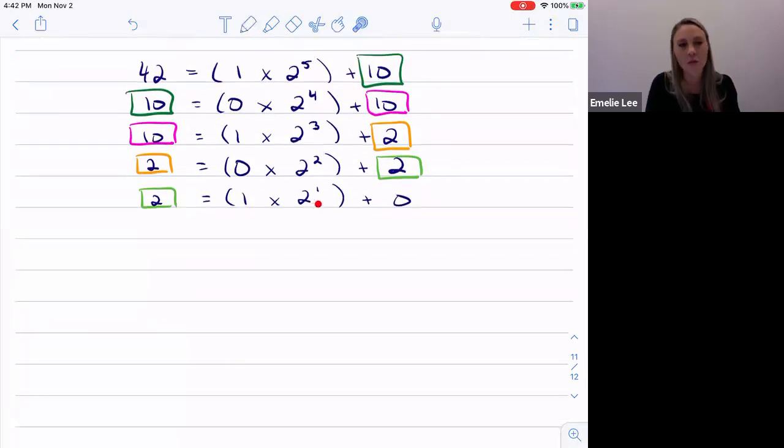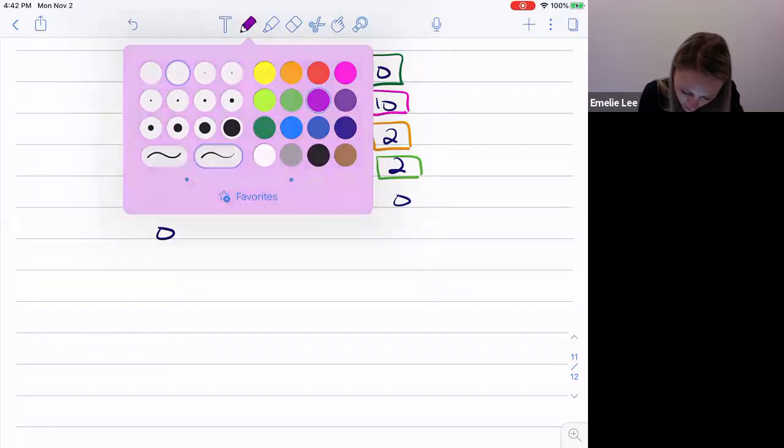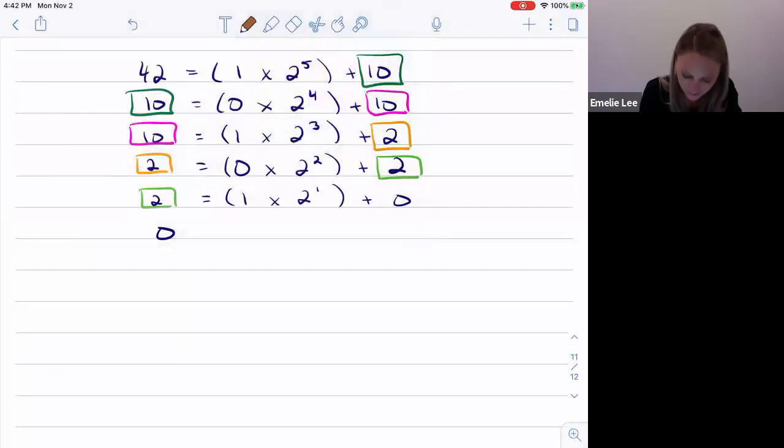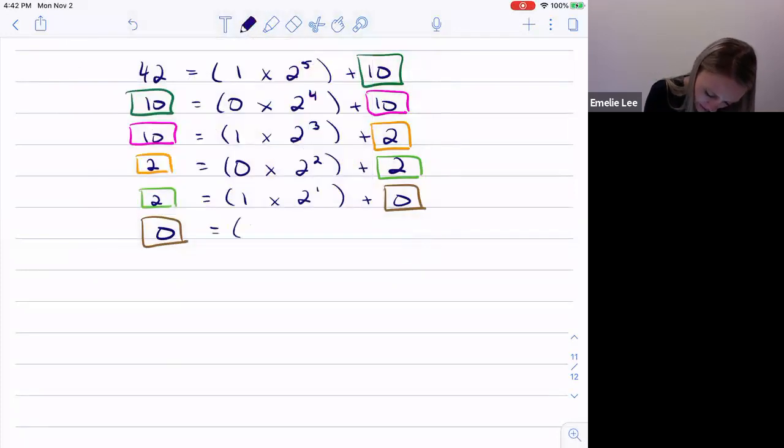Remember, I have to keep going till I hit 2 to the power of 0, so you don't want to stop here just because you have 0 left over. You can still deal with 0 here. It is 0 times 2 to the power of 0.